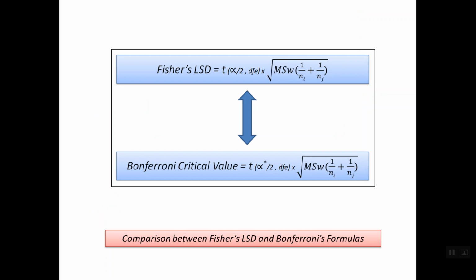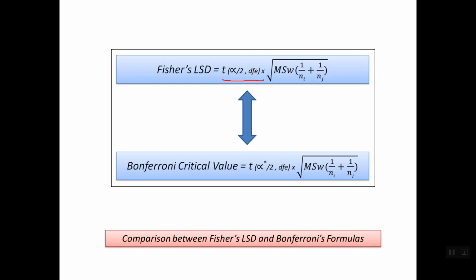Regarding the comparison between Fisher's least significant difference, LSD, and the Bonferroni critical value formulas, they look the same, but the difference is the value of t. For Fisher LSD, we determine the value of t at significance level alpha divided by 2 and degrees of freedom for the error.